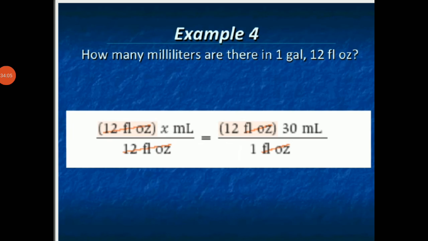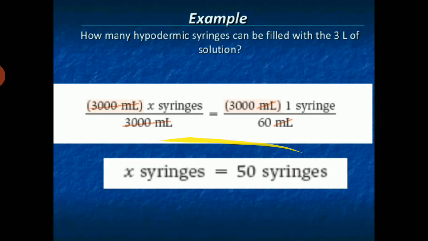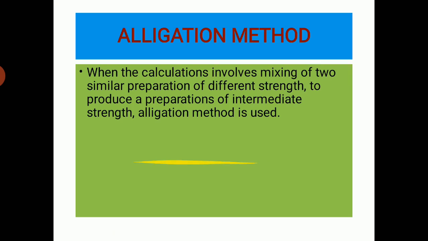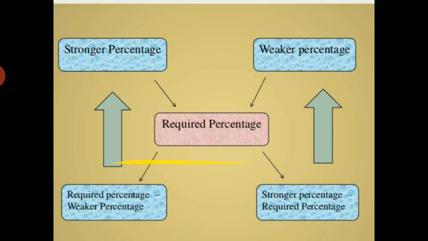Second example, third example, fourth example, and the alligation method. The alligation method is not recommended, accepted only as a method for checking, because there are chances of errors in writing the figures.